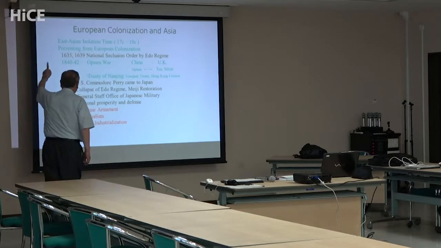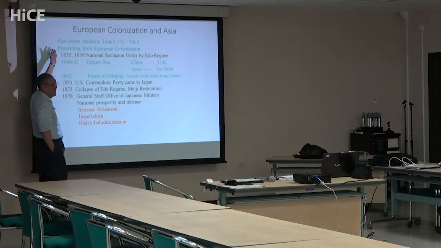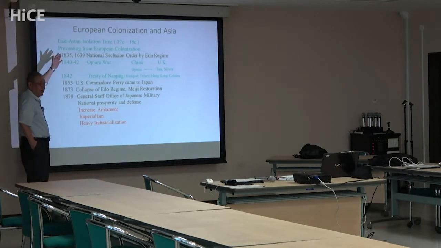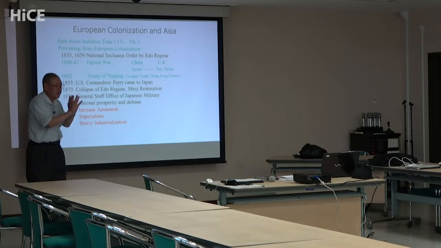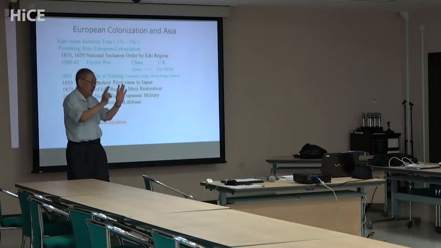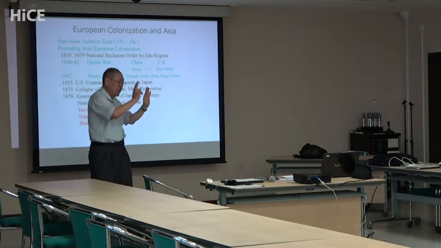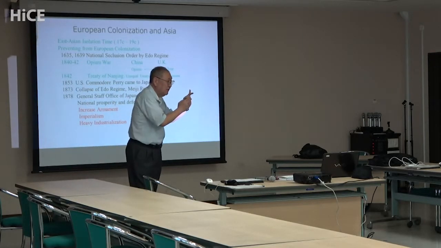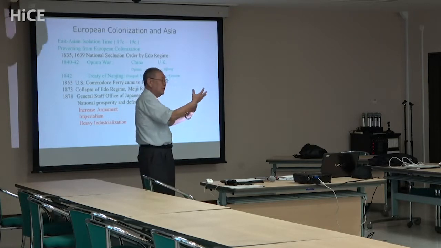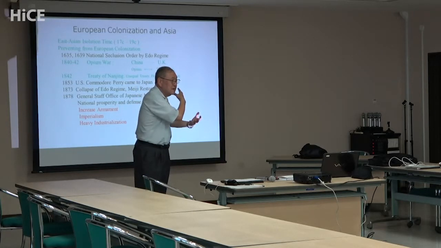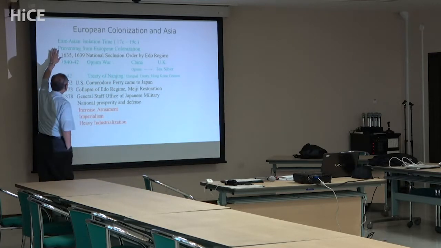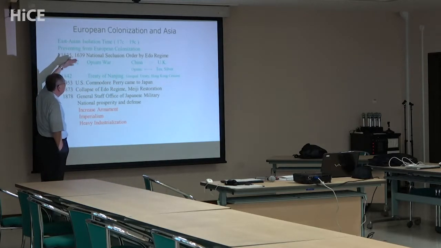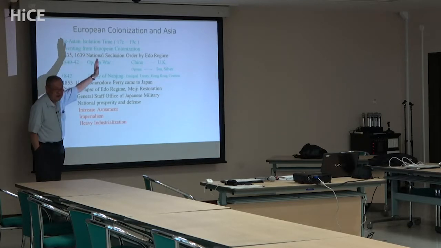So we had the Asian isolation time. In ancient time, we isolated, especially China and the Korean Peninsula, and Japan closed the door to Western countries. So because of that, the prevention of European colonialization.